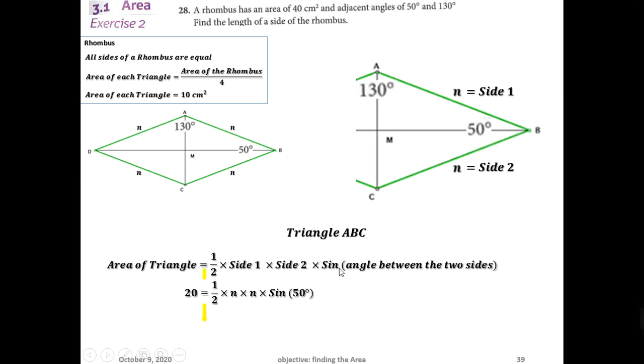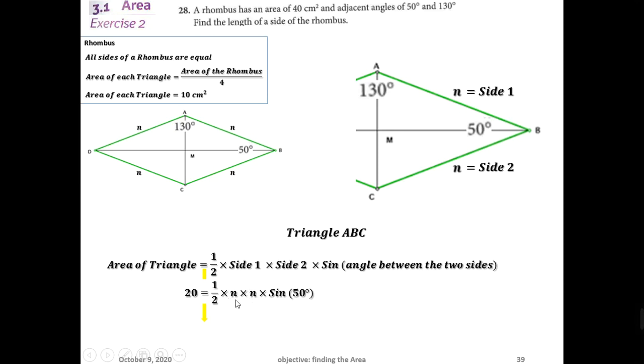So we wrote the general formula for finding the area of a triangle, and then we substituted in this formula. Now let's simplify it. We know that when we multiply two expressions by each other, such as n times n, the coefficient here is 1 and the coefficient is 1.